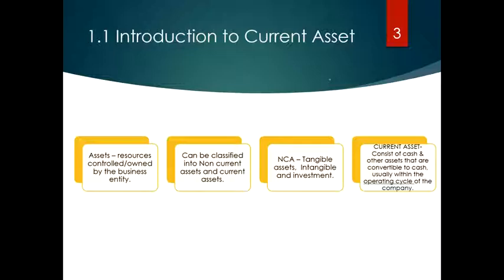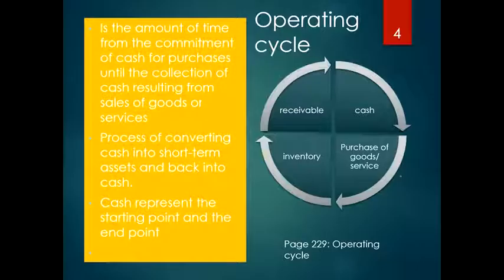So now kita akan tengok kepada apa itu operating cycle. Okay. So operating cycle is the amount of time from the commitment of cash for purchases until the collection of cash resulting from sales of goods and or services.